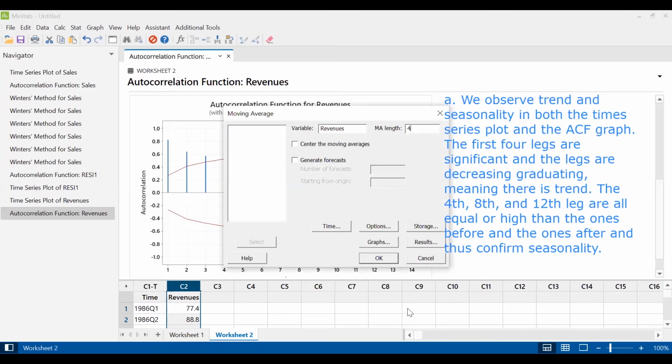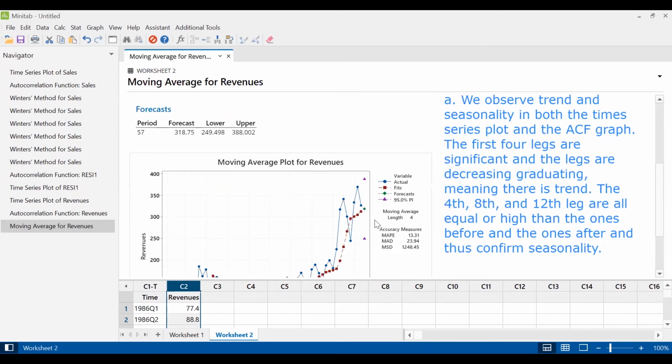Before clicking OK, we do need to generate forecast because the question says we want to forecast for the first quarter of 2000. So we're gonna forecast one step ahead. That's 1 quarter, the first quarter for 2000. So put 1 here, click on generate forecast. Now click OK. And there we go.